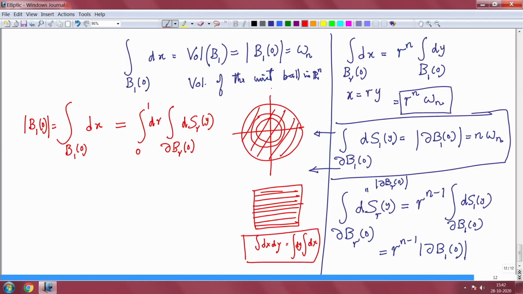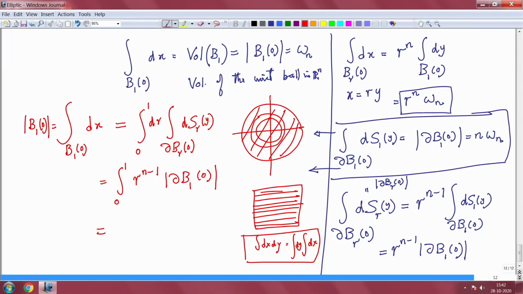So, this is equal to integral 0 to 1, you already computed that r power n minus 1, and this is the surface area of the ball of radius r equal to B1. Okay, so, this is not this, this is B1.